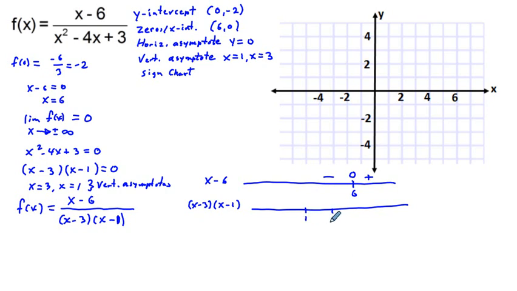So I'm going to put 1 and 3 right here. Plugging in a number less than 1, say 0, we're going to have negative times a negative, or positive. A number between 1 and 3, say 2, we're going to have a negative times a positive, which would be negative. And then greater than 3, we're going to have positive times positive.